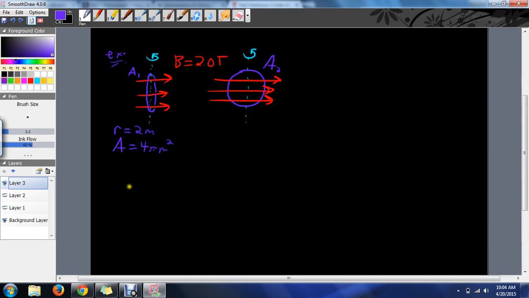So the flux here is going to be the field times the area, which is going to be 2 Tesla times 4 pi is 8 pi Tesla meters squared flux, because here the field is all through the hoop.